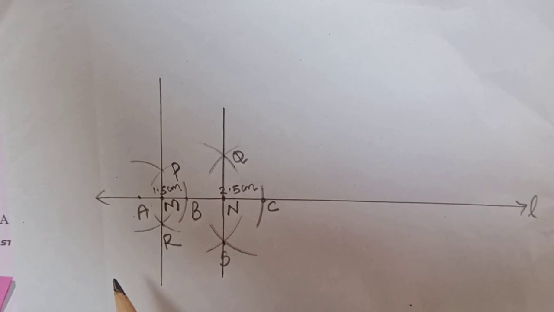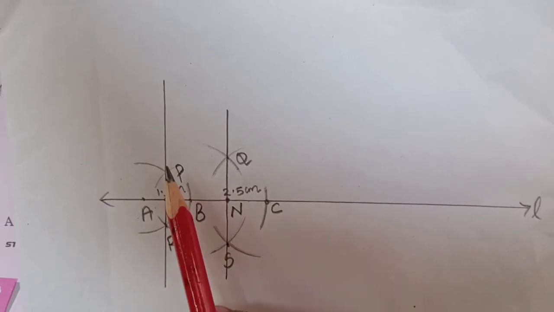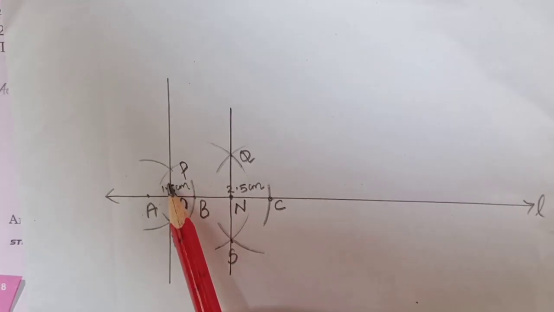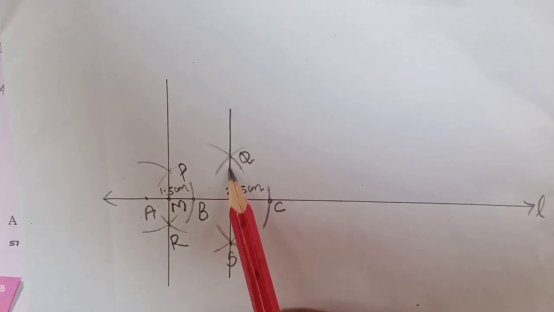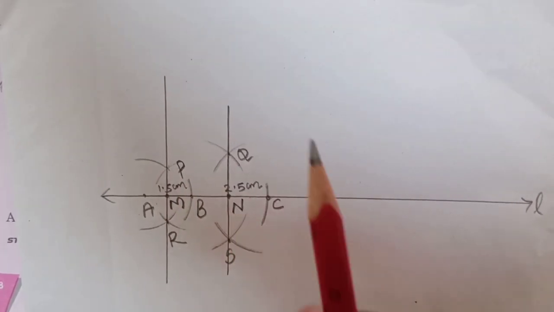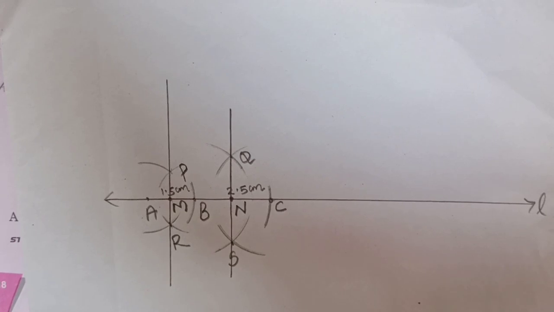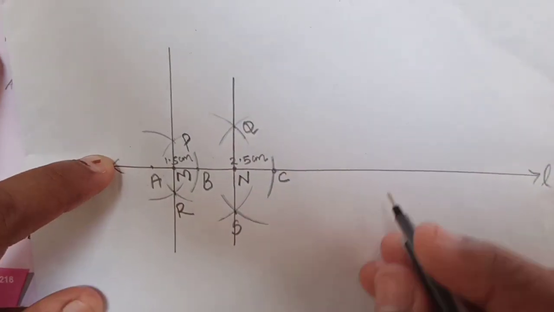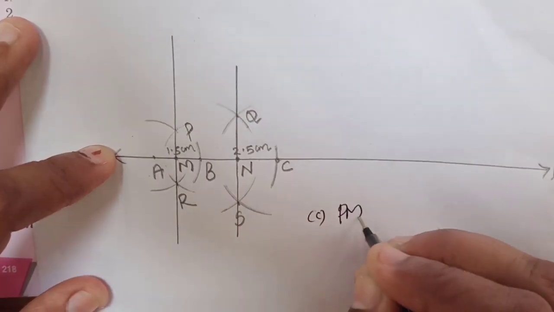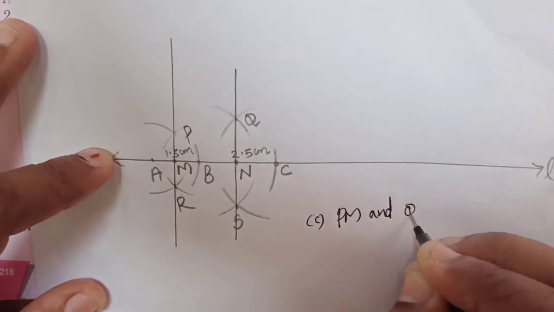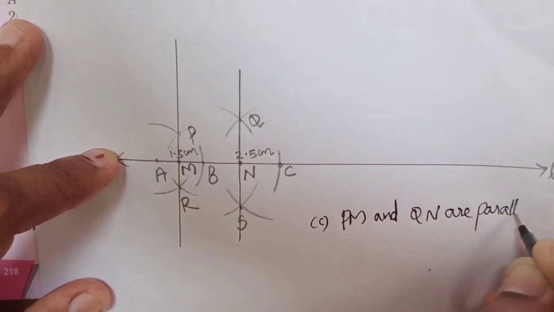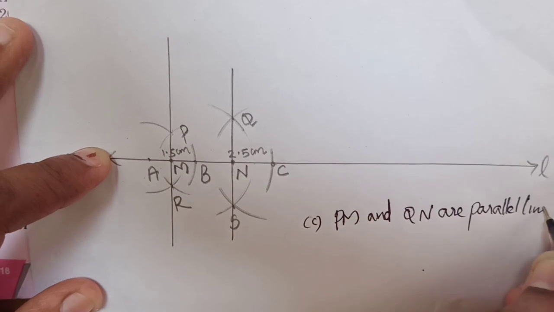Then option C, how are the lines PM and QN related geometrically? Here PM and QN are parallel lines.